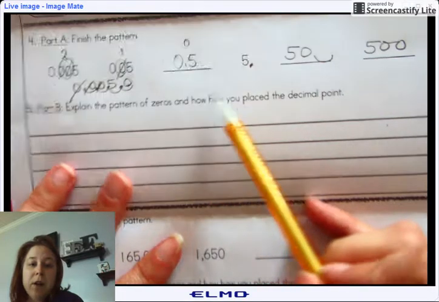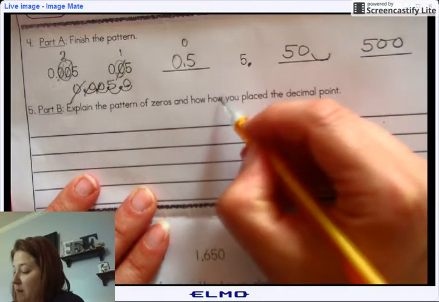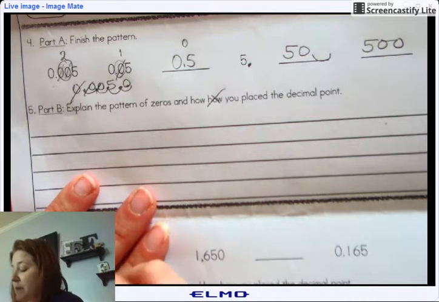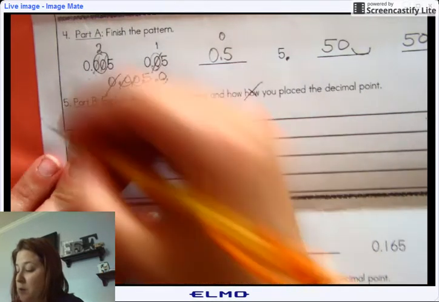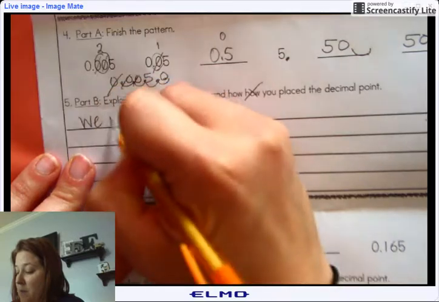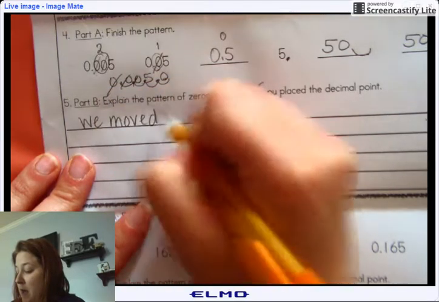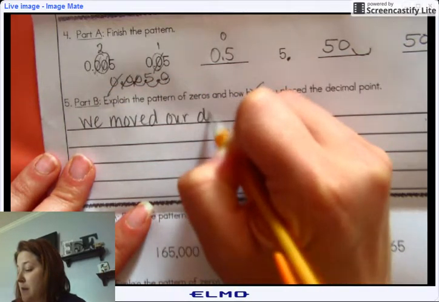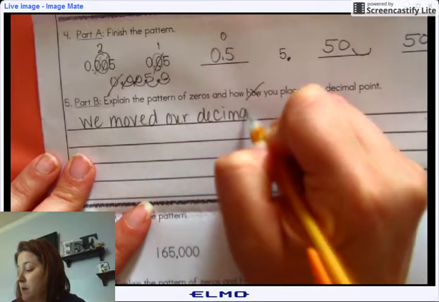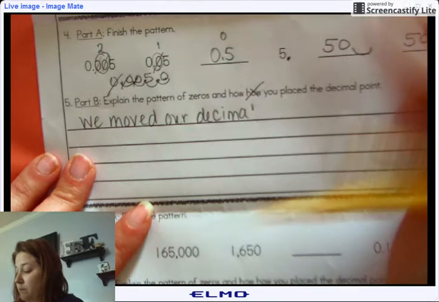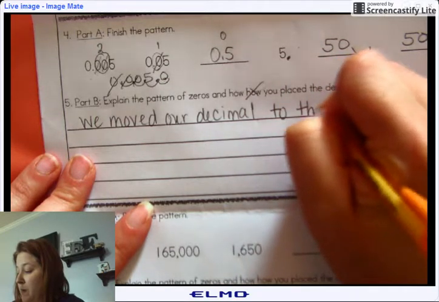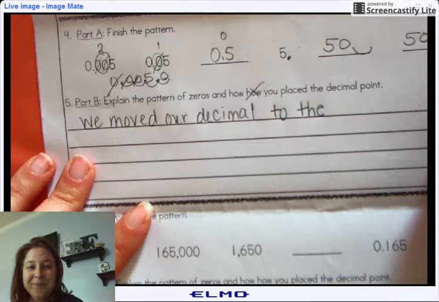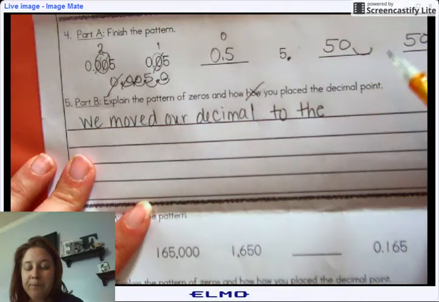Explain the pattern of zeros and how you place the decimal. Which way did we move? So you can write that. We moved our decimal to the, which way?